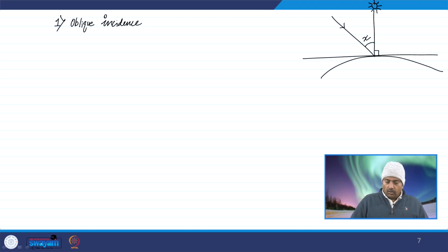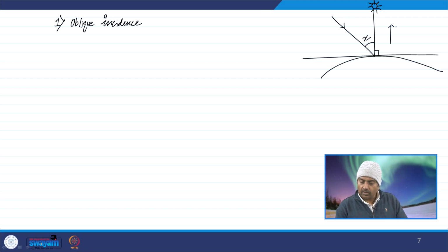We define the geometric height h in this direction, where 0 kilometers means the surface of the earth and you are moving into the ionosphere. Let us say 70 kilometers is the D layer. Now, the direction in which the incident radiation is coming is this.